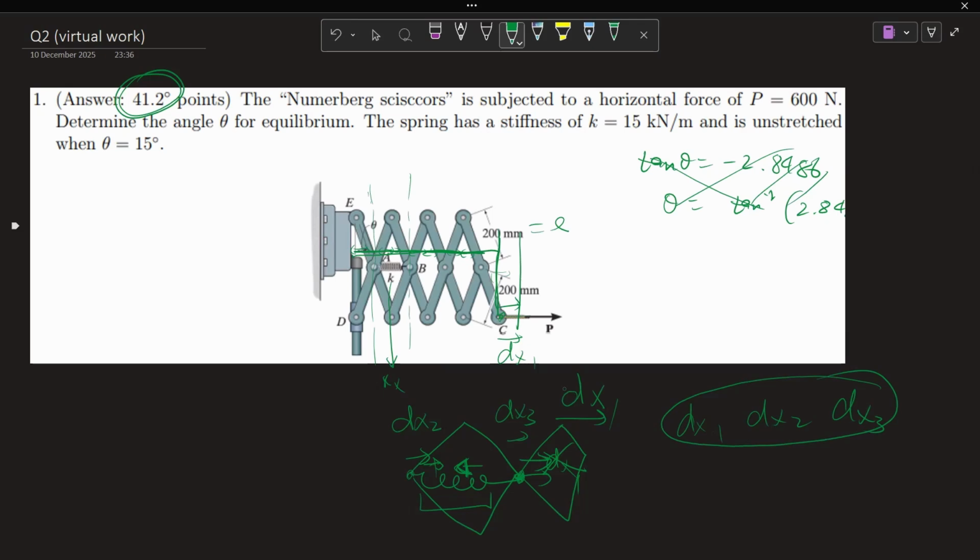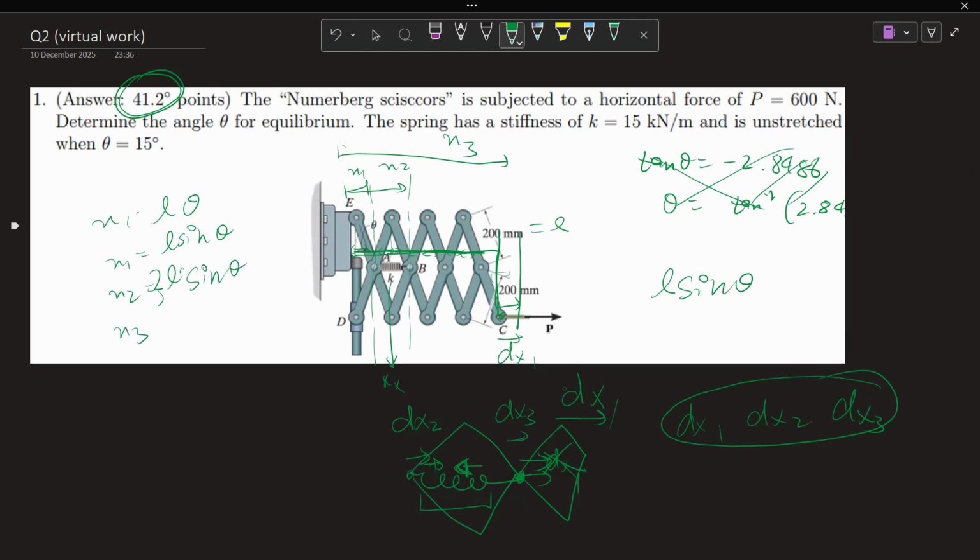Find all in terms of L sine theta. For example, this length is x1, this length is x2, and this complete length is x3. So just find the expression for x1 in terms of L and theta, which is basically x1 equals to L sine theta. X2 is basically 3L sine theta. And X3 is 1, 2, 3, 4, 5, 6, 7, 8, 8L sine theta.